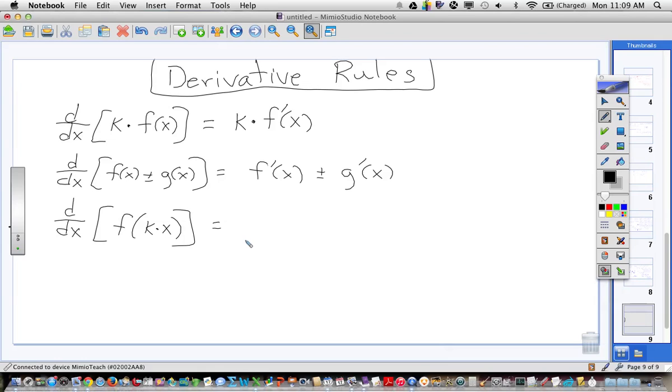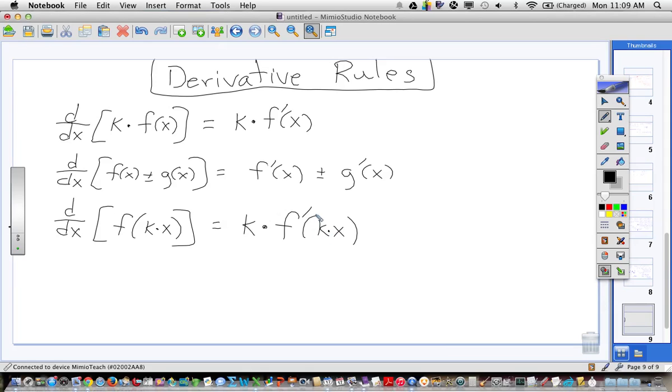Anybody remember what that derivative is? What you have to do with that 2? Remember when you had to kick it out? We talked about having to kick it out because what it does is it compresses the graph, so it makes all the slopes in half as far, but it also makes them twice as steep. And so what happens is we have to kick out the k, and we leave the k on the inside too.